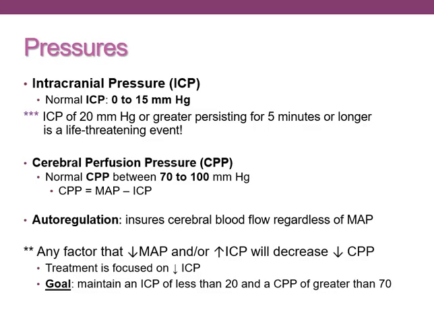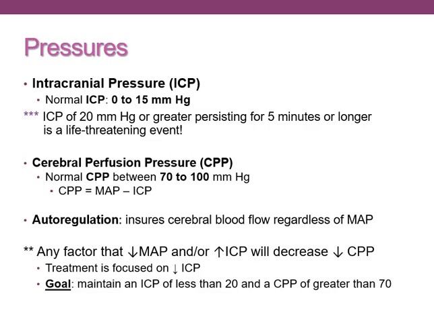Some of these numbers differ from what your book has, because some of the book's numbers are a little bit crazy. So we're going to go with this 0 to 15, because this is common across lots of different references. If the ICP is greater than 20 for more than 5 minutes, that is a life-threatening event, and we have to do something about that. So that is increased intracranial pressure.